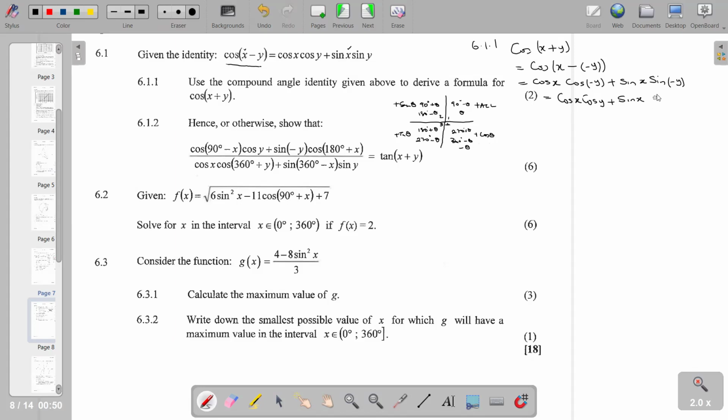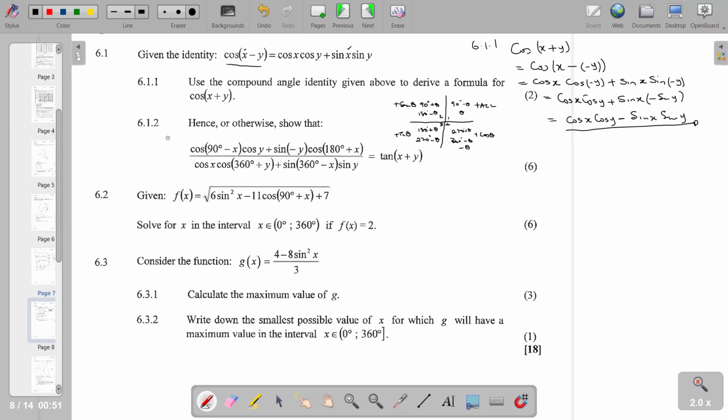Fourth quadrant. What is the sign of sine in the fourth quadrant? It's negative. So here it's going to be negative sin y, which results in cos x cos y, this positive times this negative, minus sin x sin y. So this will be equal to that.